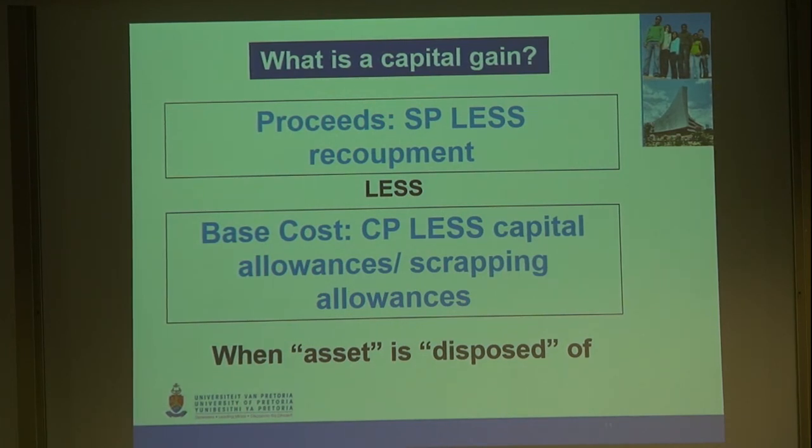Also here you can see you're not going to be taxed on the same profit twice. That's why we are taking off the recoupment, because you've already been taxed on it. And our base cost, the definition, is the cost price less our capital allowances or our scrapping allowances. So anything you've claimed on that asset, be it the actual allowances on the asset or a Section 11(o) scrapping allowance, you're going to deduct at this point. That will give us our capital gain.